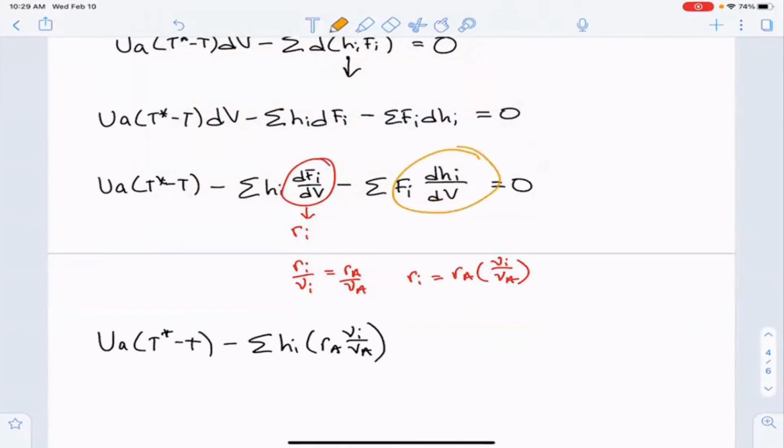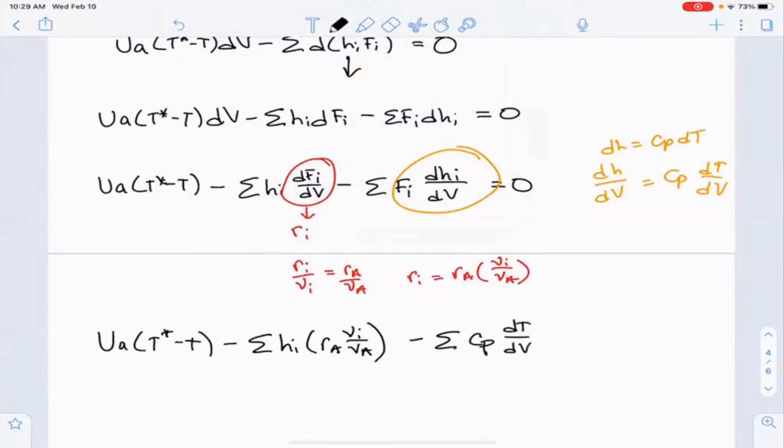And the second term here, well, we know that the enthalpy is just that dH is Cp dT, right? So dH/dV just equals Cp times dT/dV. And so the third term just becomes minus the sum of Cp dT/dV times Fi, and that's equal to 0.